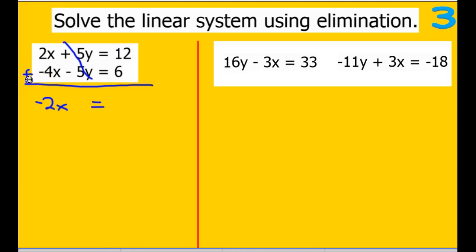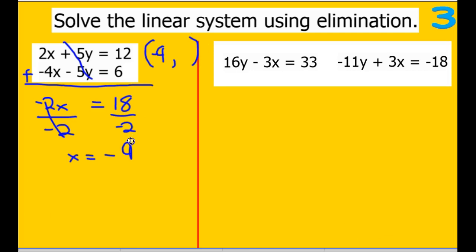equals 12 plus 6, which is 18, divided by negative 2. Divide that by negative 2, and we get x equals 18 divided by negative 2, which is negative 9. So we know now that our x is negative 9, but we're still looking for our y. So we're going to take this negative 9, and plug it in for one of our x's.